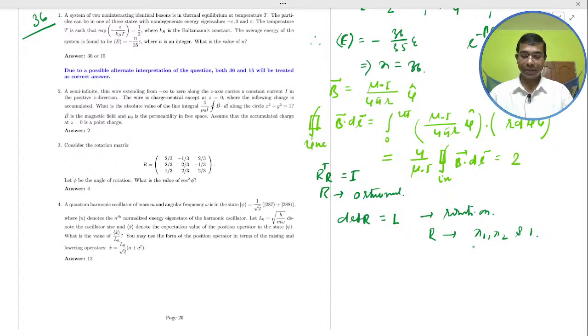So we'll write the matrix in the form D equal to C inverse RC. This transformation, C inverse RC, is called the similarity transformation.